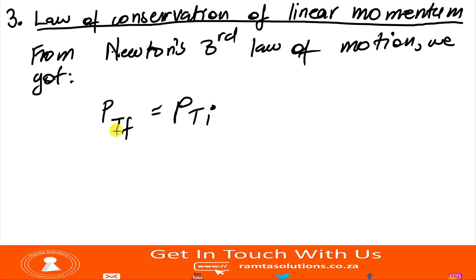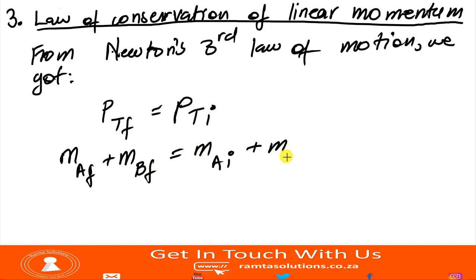If you like, you can also write this as M sub A final plus M sub B final is equal to M sub A initial plus M sub B initial. Whether you start with initial on the left and final on the right, it doesn't matter. It's the same thing.